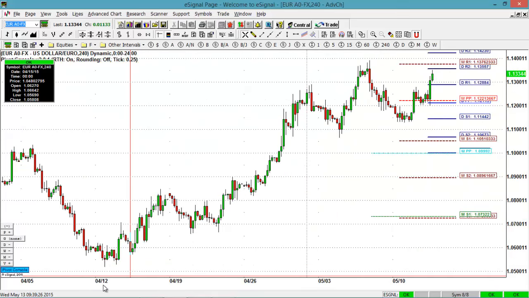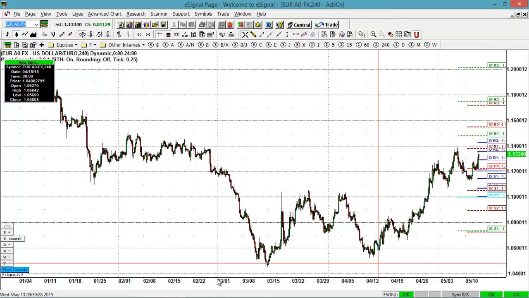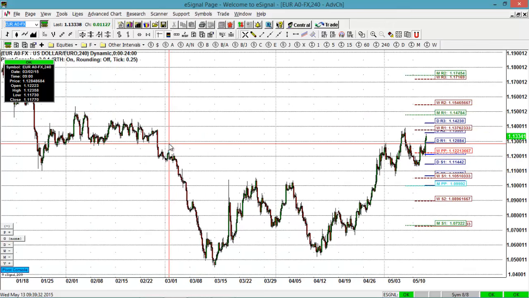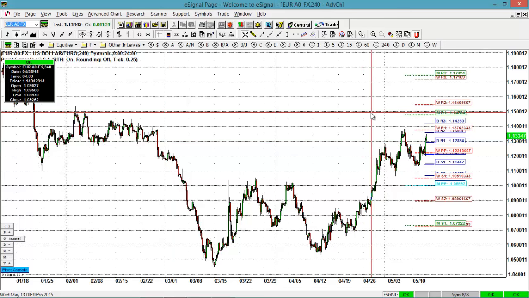Keep in mind, and it's a similar situation with the dollar index, that we're up against this monthly R1 number. As you can see, this is the monthly R1. Notice it lines up approximately with the previous highs. So we may see the market stall out somewhere near that number. If the market is able to close above this area, definitely that would be very bullish for the euro.